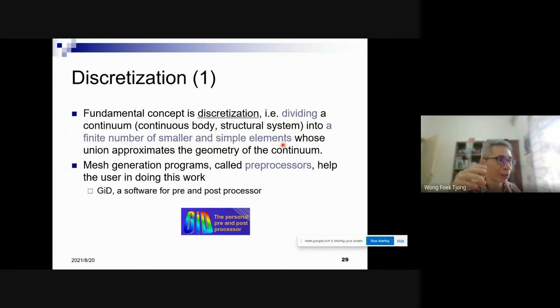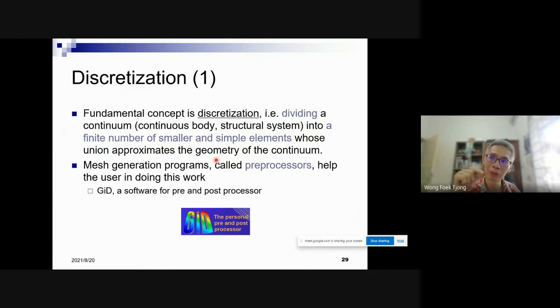Simple elements means in terms of geometry, normally triangular or quadrilateral, whose union approximates the geometry of the continuum.